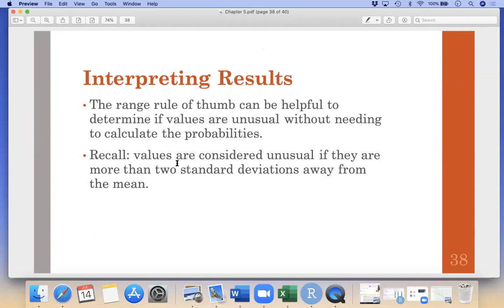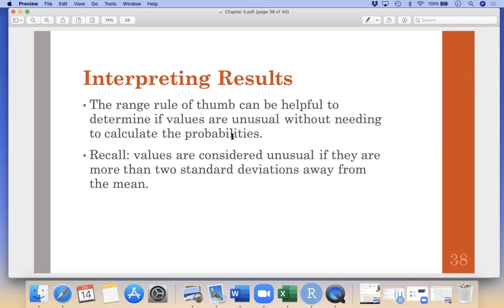The range rule of thumb can be helpful to determine if values are unusual without needing to calculate the probabilities. If you want to interpret whether you have a usual or unusual value, you can use the range rule of thumb. That means you can find the minimum usual value using mu minus 2 sigma and the maximum usual value using mu plus 2 sigma.